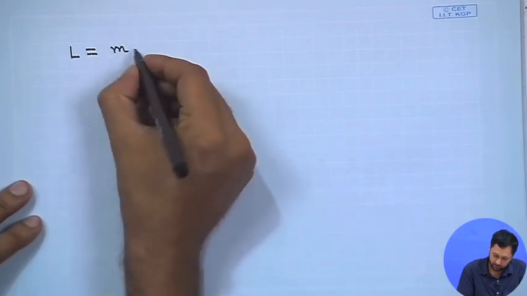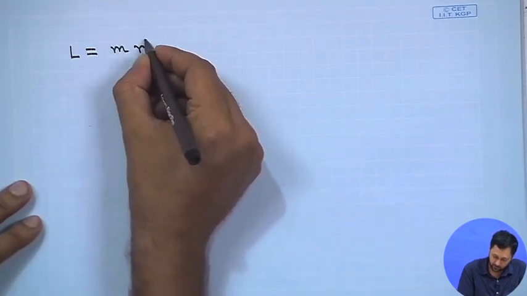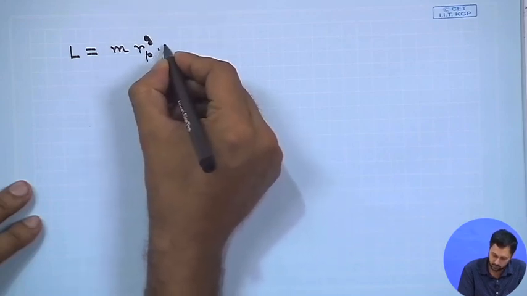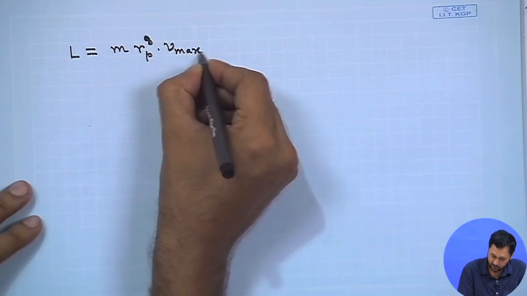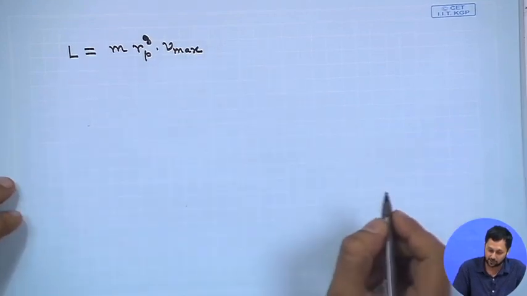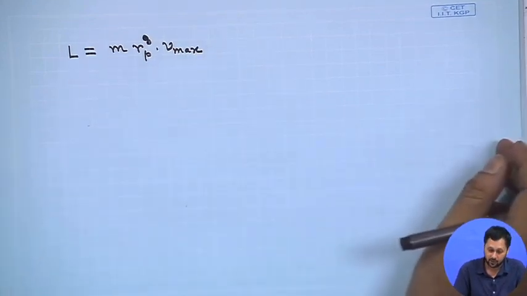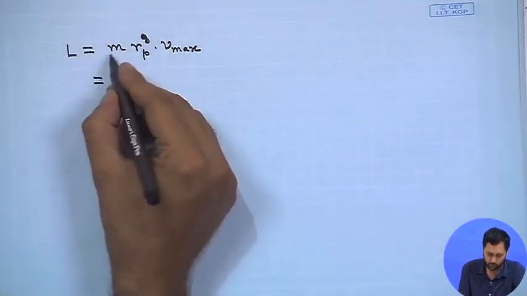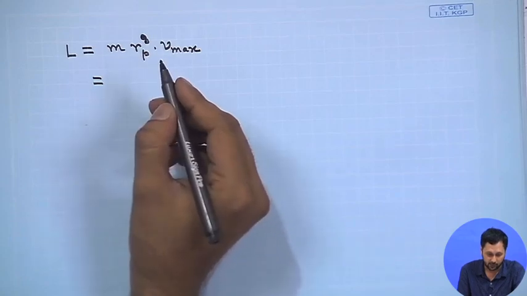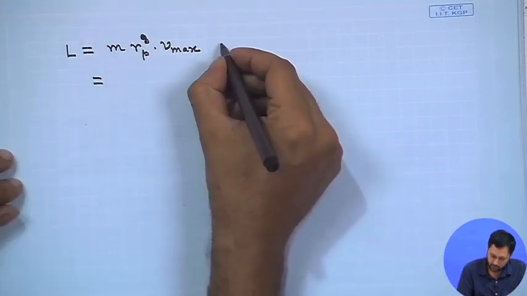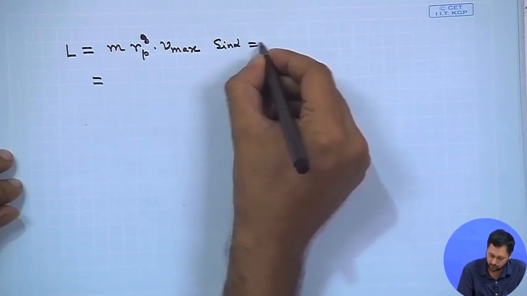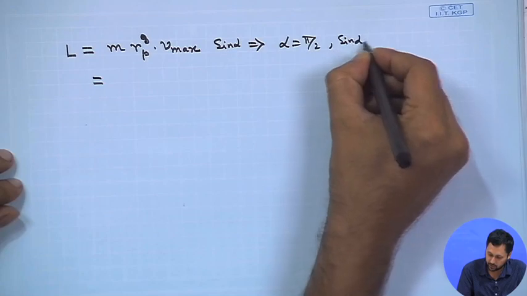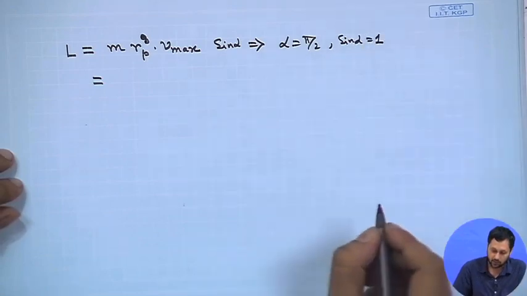It is m r, which is R p into V max. Of course, we do not know m, which is not terribly important. And there is a sin alpha, with alpha equal to pi by 2, so sin alpha will be equal to 1.